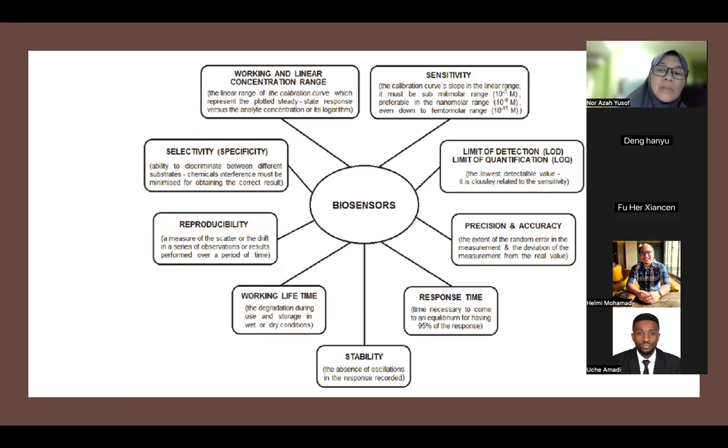If we have to do analysis like in the lab, step by step, and the results can only be obtained in 2 days or 24 hours, then it defeats the purpose. It cannot be defined as a sensor. So the time necessary to come to an equilibrium means that the response time has to be very fast, but showing the correct response.